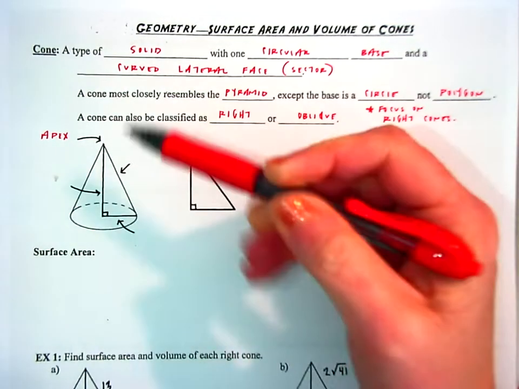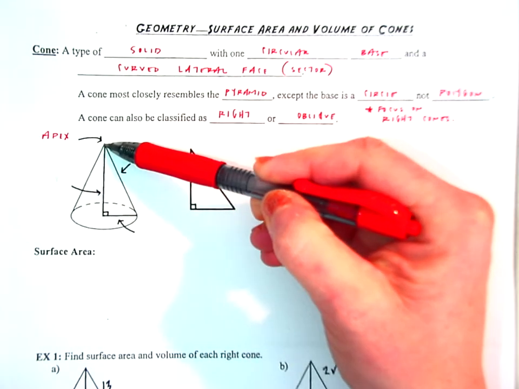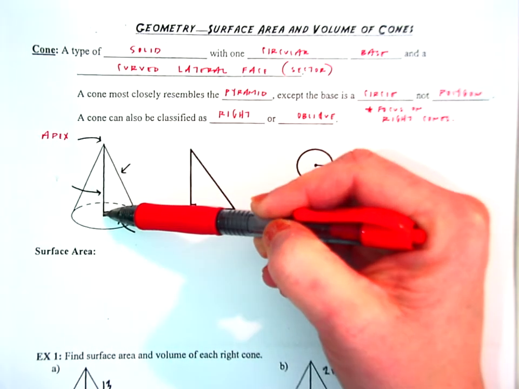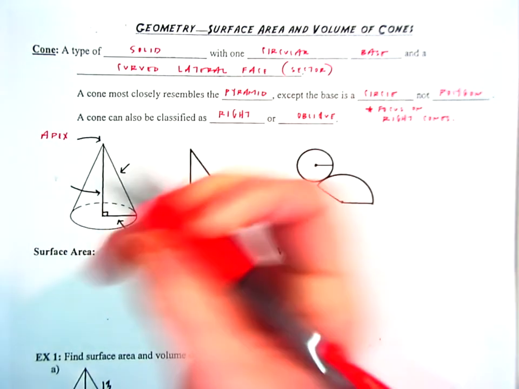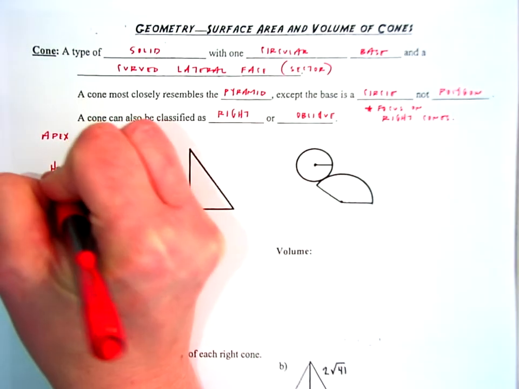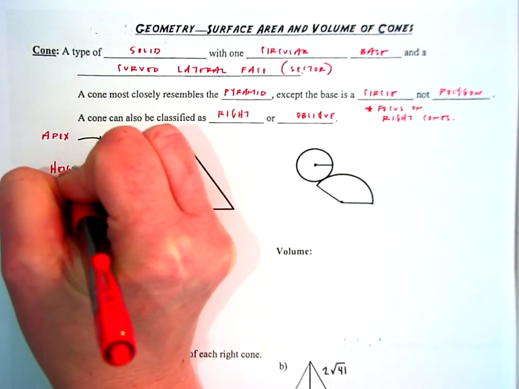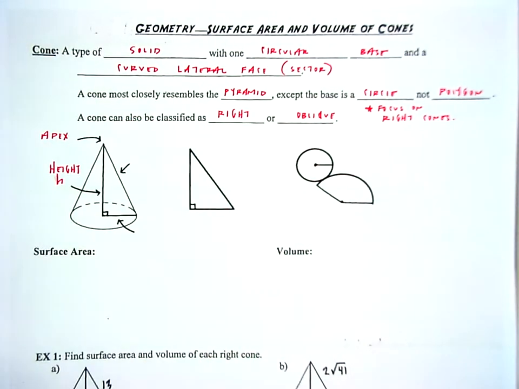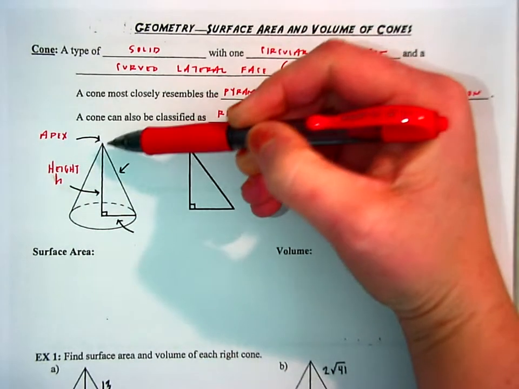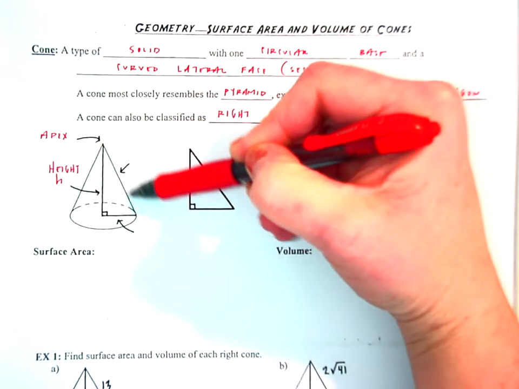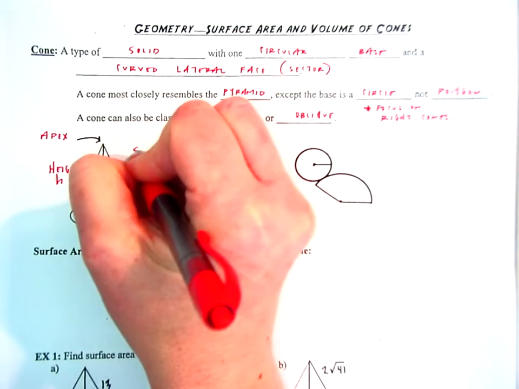Here, that perpendicular segment that connects the apex to the center of the circular base, that's our height. We have our slant height right here. We had that with the pyramid as well.